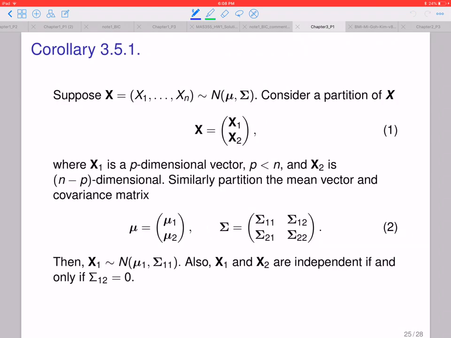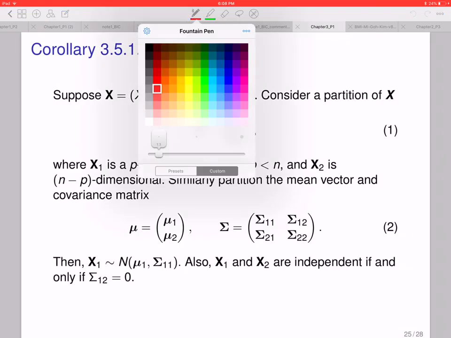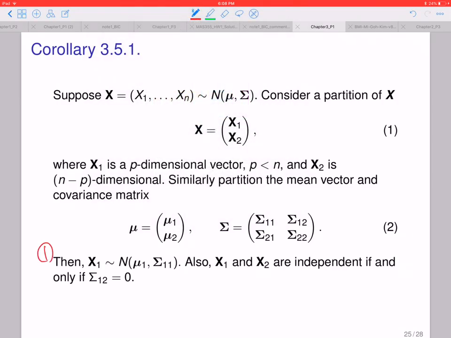That can be applied to derive some interesting results. Actually this one contains two results. First, consider this particular decomposition, where this part is p by 1 and this one is n minus p by 1.